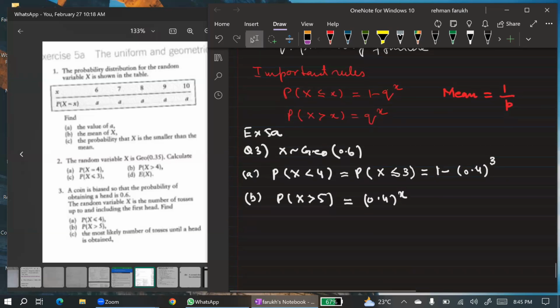Okay. Now, what is the most likely number of tosses until a head is obtained? The most likely number has the greatest frequency. The most likely number has the greatest probability. Okay. Yes, sir. And which number has the greatest probability?